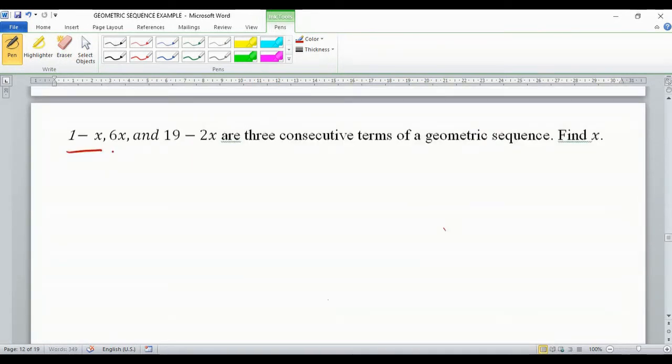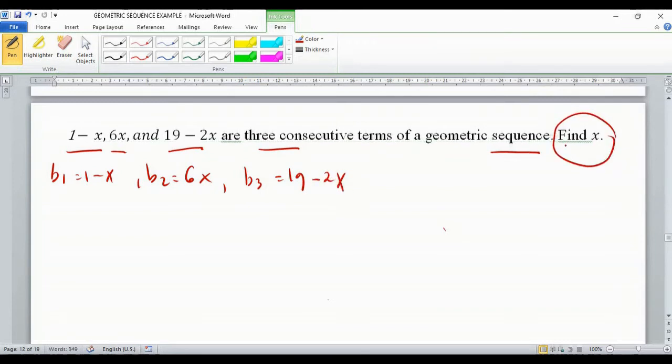1 minus x, 6x, and 19 minus 2x are 3 consecutive terms of a geometric sequence. So the first term is 1 minus x, the second term is 6x, and the third term is 19 minus 2x. They told us to find x, everyone. We can use the middle term formula to find x.